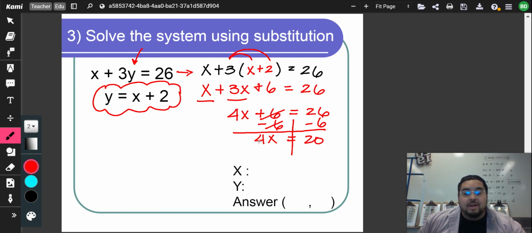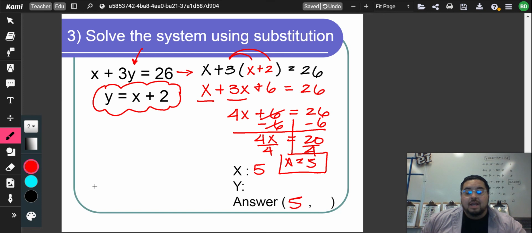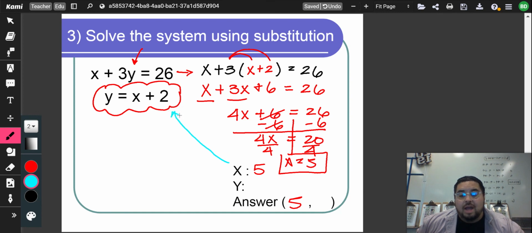And now to get rid of the 4, we're going to divide. And when I divide 20 by 4, I'm getting x is equal to 5, which is now one confirmed value. x is 5. I can put that into my ordered pair. Okay. Now, last step again, I have a confirmed value for x. I need to go back and find my value for y by plugging 5 into this y equals equation.